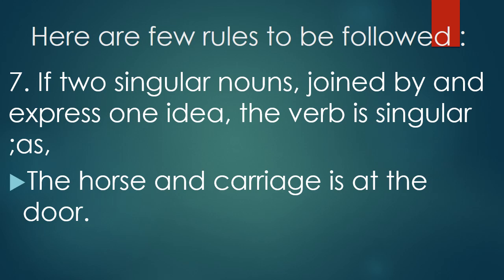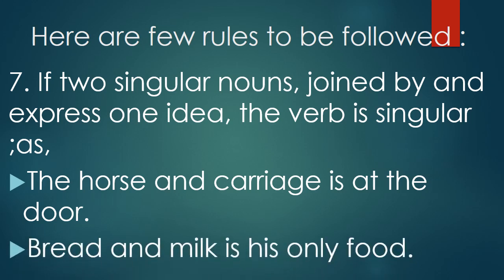The horse and the carriage are at the door because that is two. Here the article is used only once, so it will be singular. Bread and milk is his only food. Bread and milk is used as a phrase here.